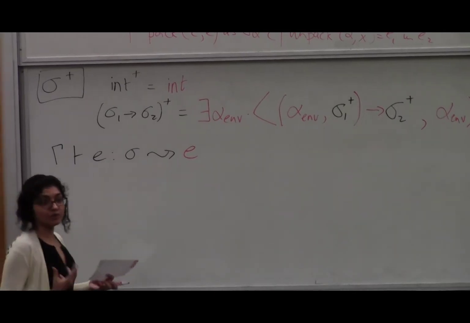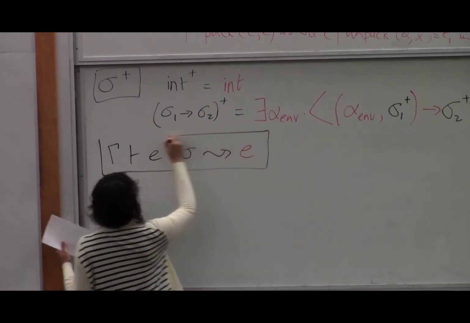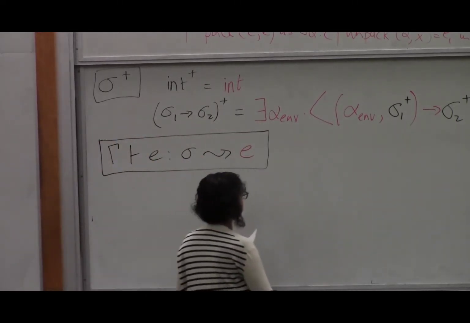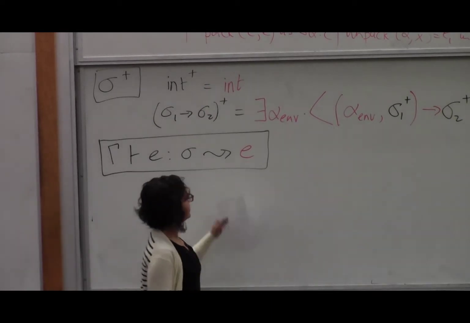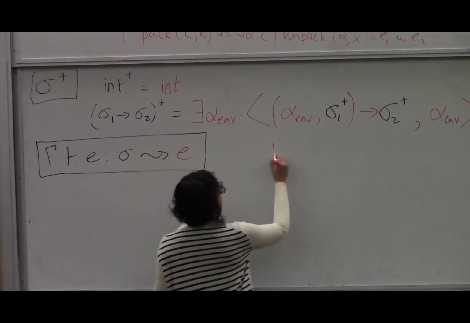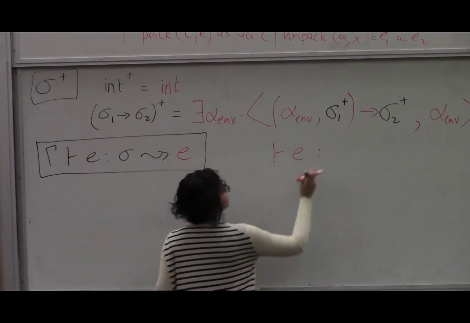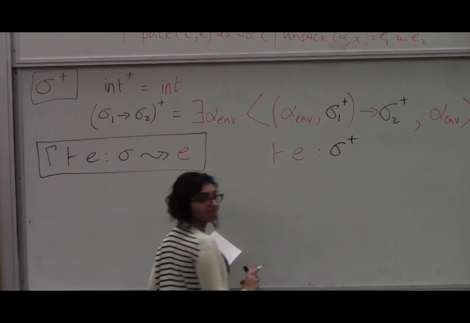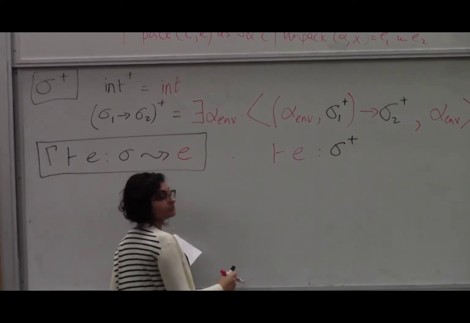And then what we want is for this to be type preserving. So this is our judgment form. This is how we're going to translate it. And then we are going to want to prove that our translation is such that I can type check E, and it will have type translation of sigma in the environment where delta is empty, right?